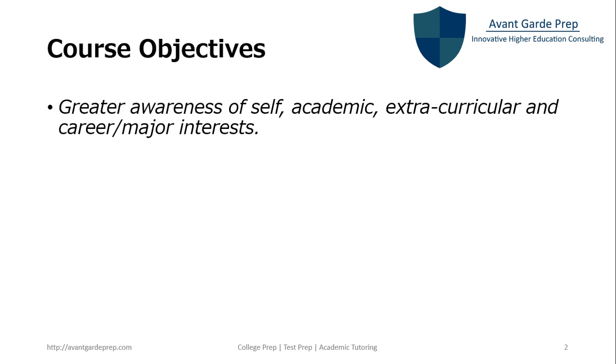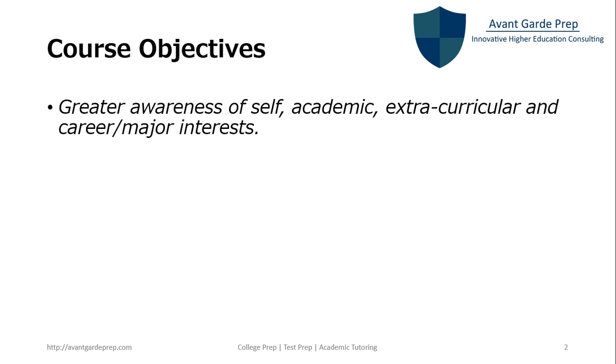Also your academics, understanding not just your interests, but your study habits as well, and how you learn as an individual. Additionally, your extracurricular activities in which you participate, and what other things you may choose to join after taking this course to further develop those interests, as well as your career and your major interests.